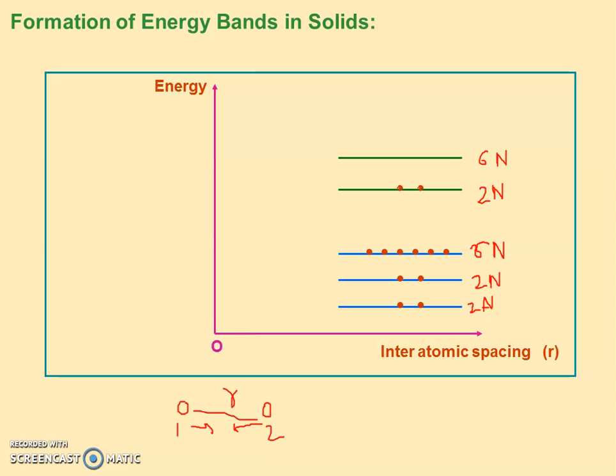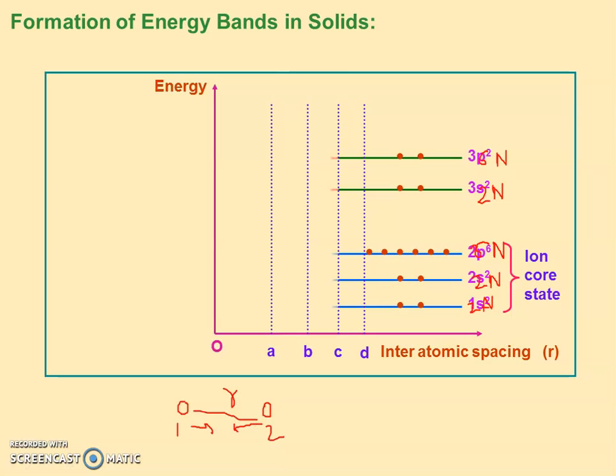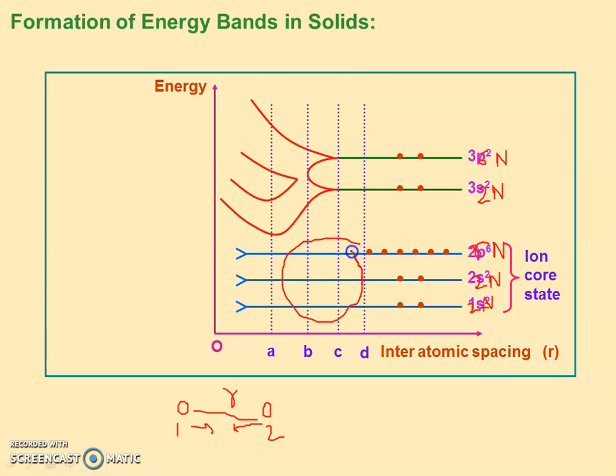Now see, these are the electrons for the one atom, right? Now if the atoms come close together, what will happen? The outermost energy levels get modified, whereas the innermost energy levels will remain the same.